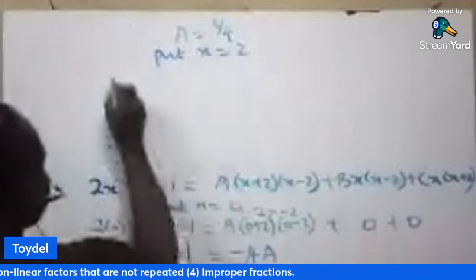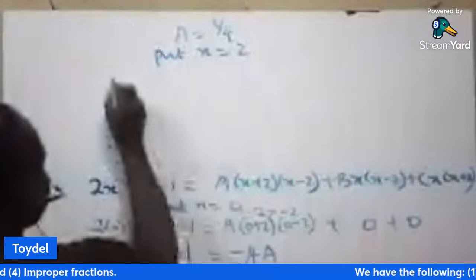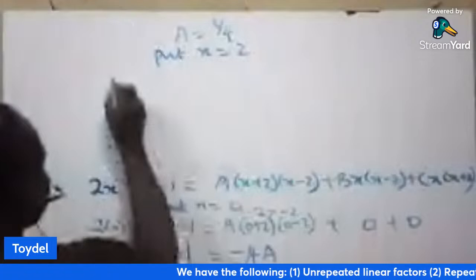So I've been able to get the value of a and the value of c. Then the last one is when I put x is equal to minus 2. I'm using the cover-up method now.